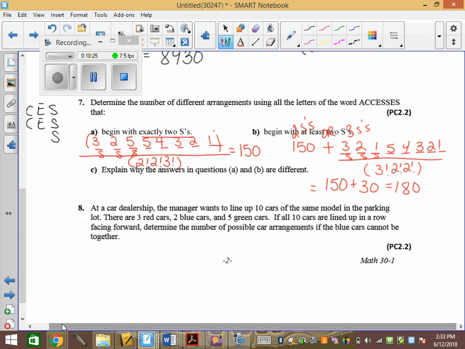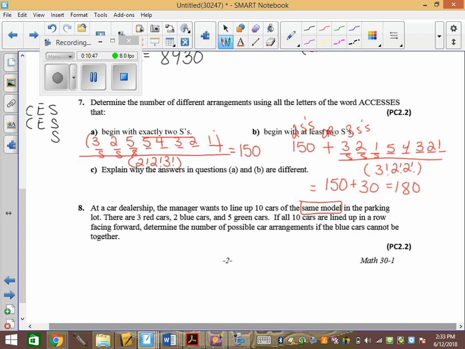8. At a car dealership, the manager wants to line up 10 cars of the same model. The keyword here is same model. If you get the same model, or you're looking at things that are identical, we have to remember to divide by factorial. So same model in a parking lot.